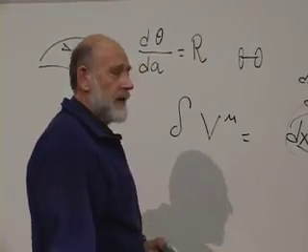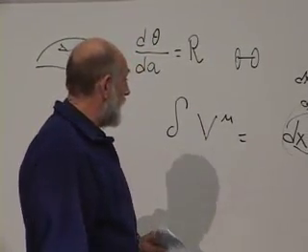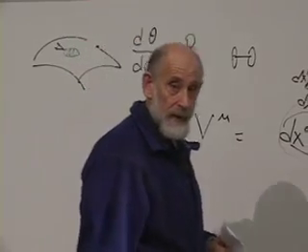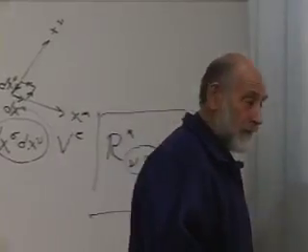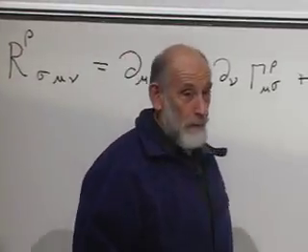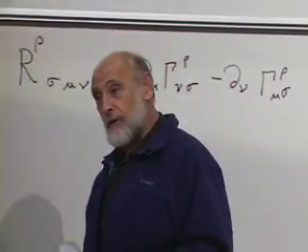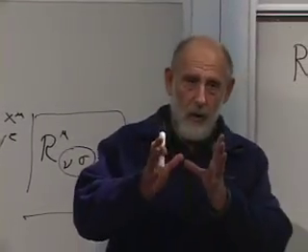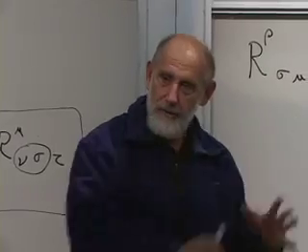The left-hand side. First of all, how do I know that the left-hand side is a vector? It's a difference of two vectors, and it's kind of like a derivative of a vector, isn't it? But a derivative of a vector is not a tensor. The covariant derivative is a tensor. But that's because the coordinates may vary from place to place.